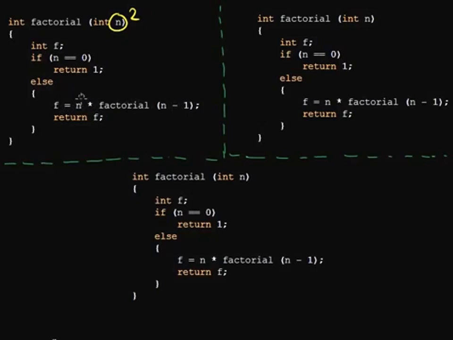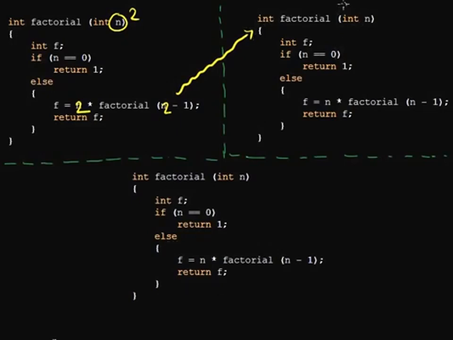So this will be 2 into factorial of 2 minus 1, and this function will call itself. So instead of putting this arrow in the same function, I've created a copy of this function, so it will go here.